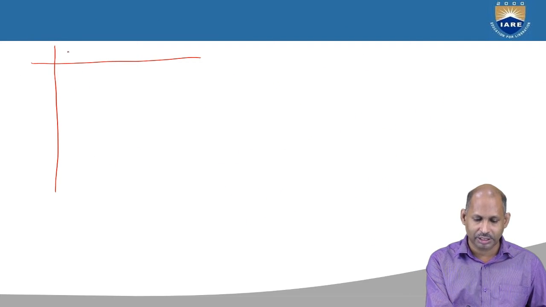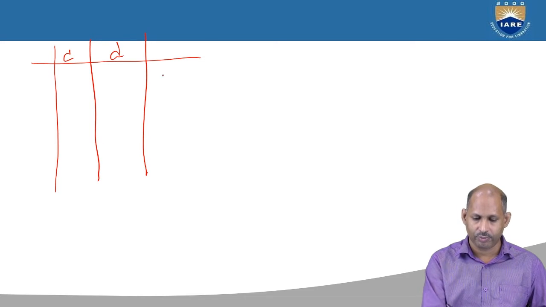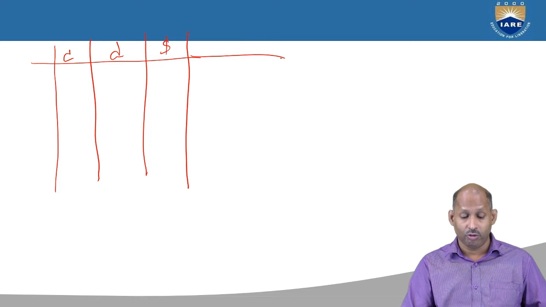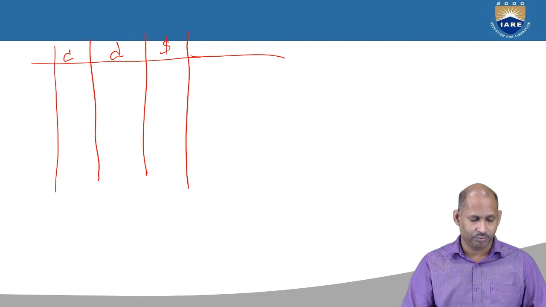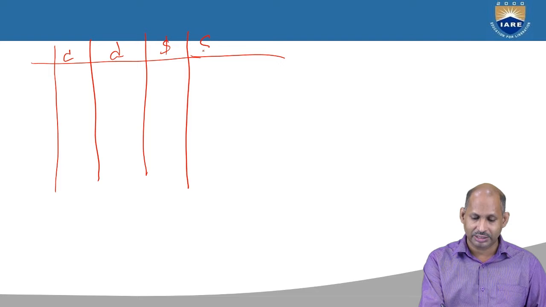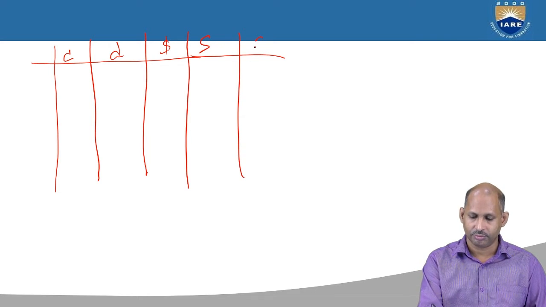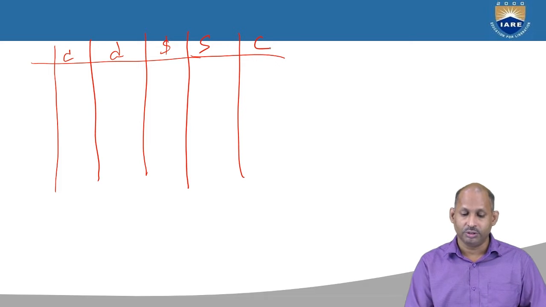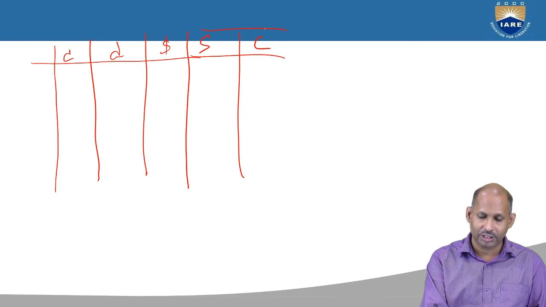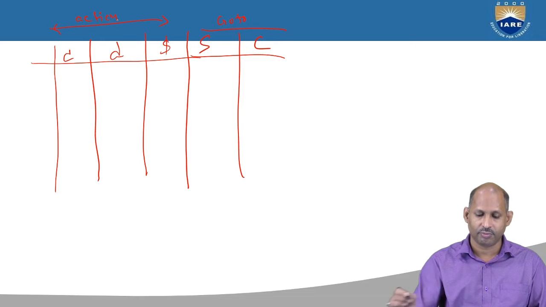The terminal symbols are small c, small d, and dollar sign. Then the variables are capital S and capital C. These variables are referred to as the go to part. These are referred to as the action part.